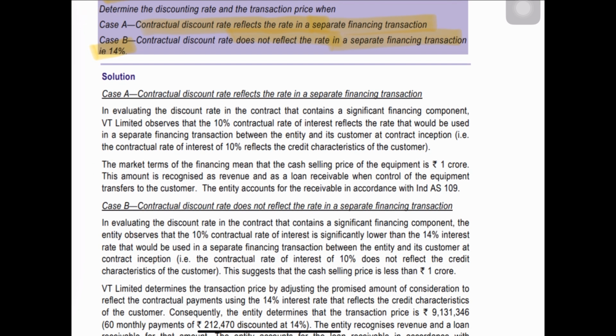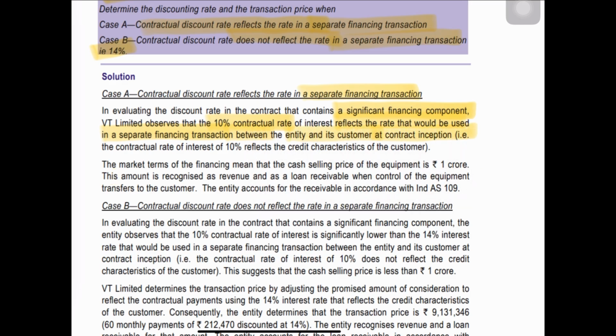So for case A, in evaluating the discount rate in the contract that contains a significant financing component, VT Limited observes that the 10% contract rate of interest reflects the rate that would be used in a separate financing transaction between the entity and the customer at contract inception.